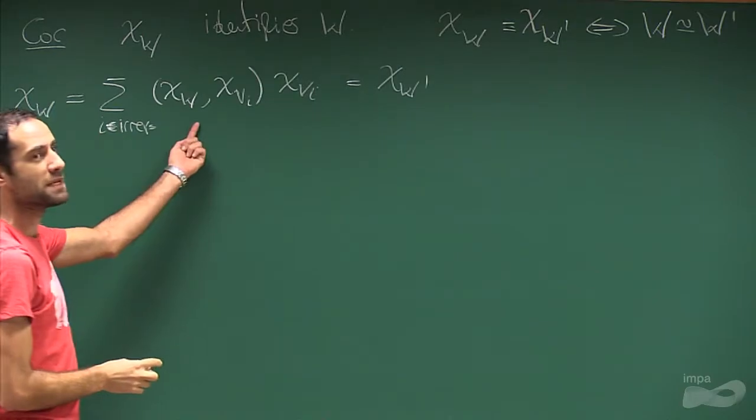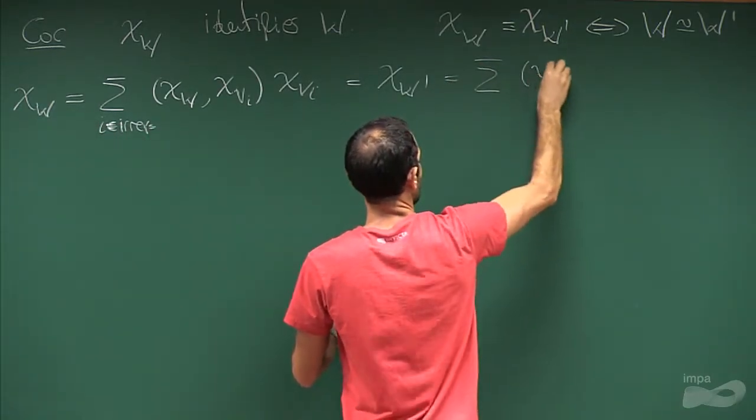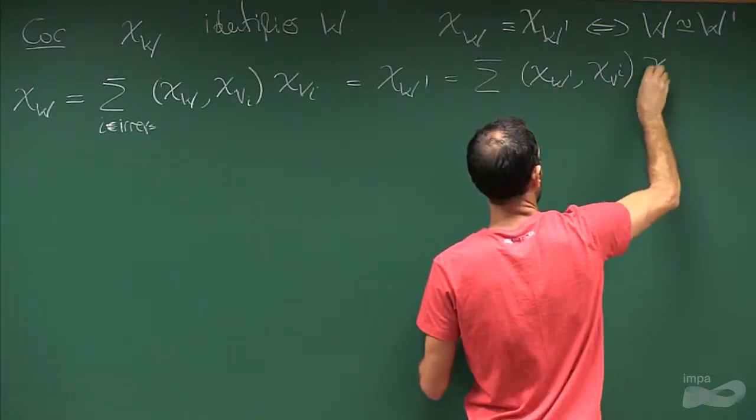So this is the multiplicity with which Vi appears inside of W prime.